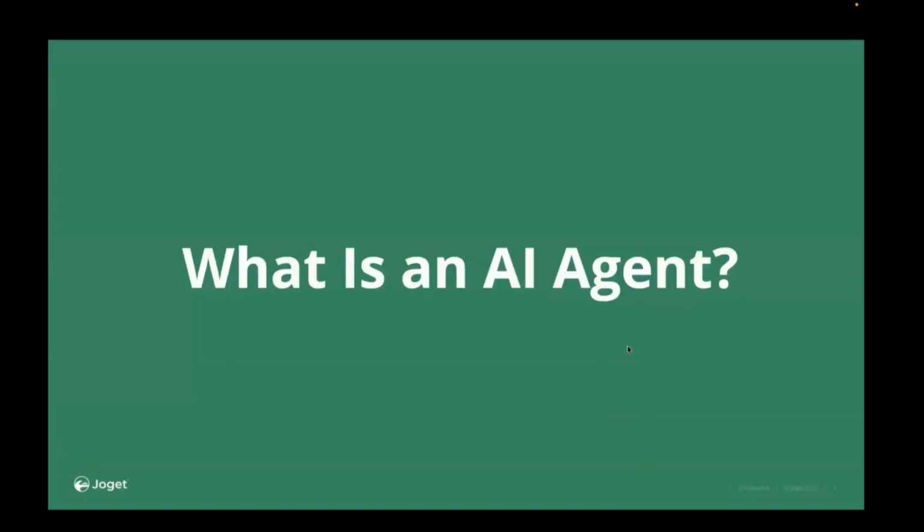Very quickly, let's start with what an AI agent is. Some of you may be new to this, but I bet all of us are regular users of GPTs, in the likes of ChatGPT, Copilot, Claude, and so on.